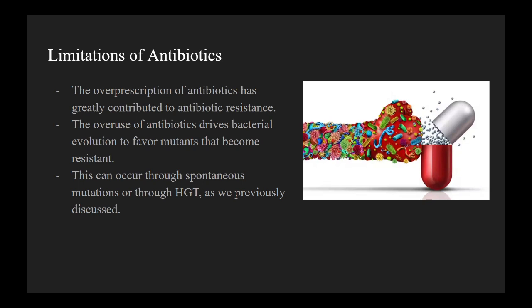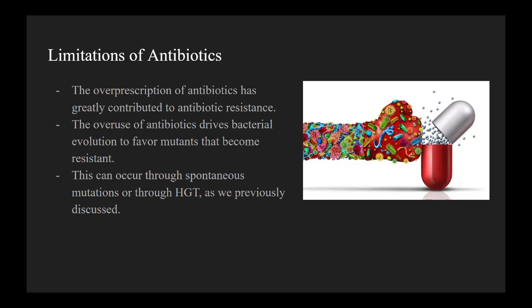But essentially, the overuse of antibiotics is driving bacterial evolution, because all the bacteria that are susceptible to antibiotics are going to die quickly since we're using them a lot, which means that the ones that survive are going to be the ones that become resistant due to mutations, right? Or horizontal gene transfer, as we discussed in the past.